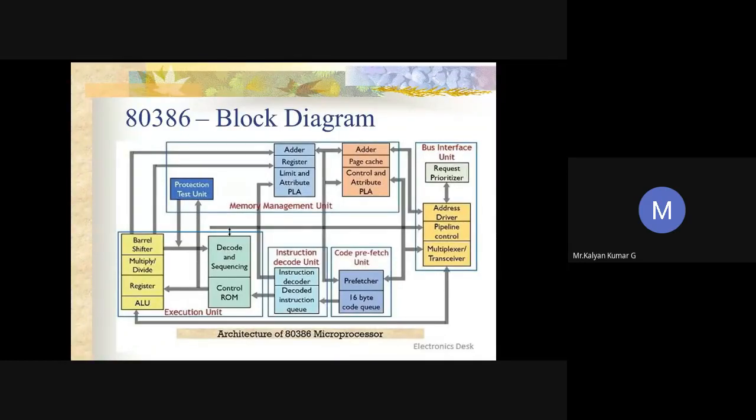You can list the units available in this block diagram. What are the differences? What are the units available?